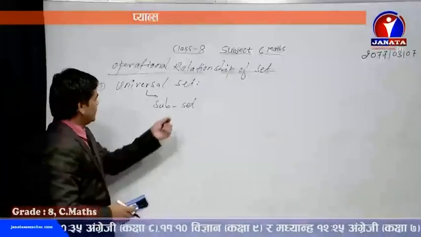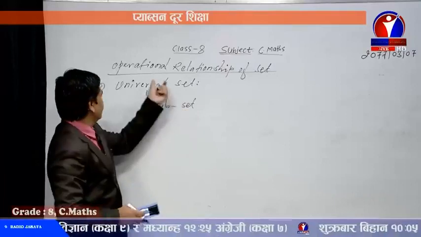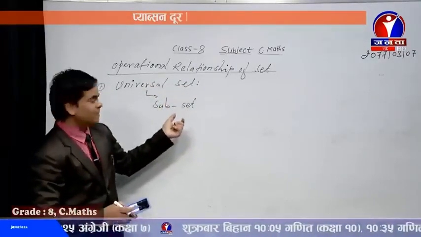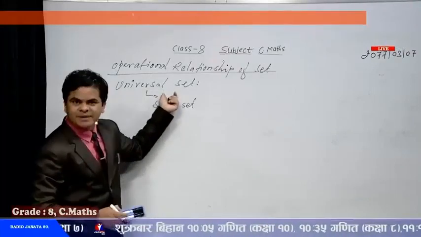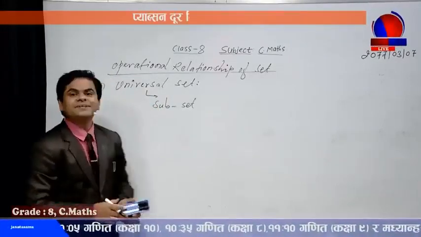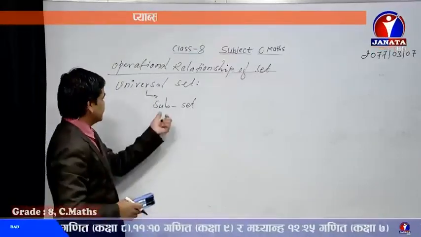Subset is just a deputy of a set. Universal is a set, and if we create another set by taking the elements of this set, that is a subset. Like division, subdivision, category, subcategory, like that.